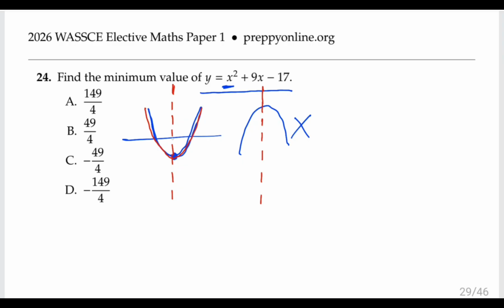So if you could find the x value on which the axis of symmetry falls, then the y value that corresponds to that x value is going to be your minimum value. So that's one way to do it. And if you remember from your studies, the axis of symmetry occurs at the value x equals minus b over 2a.